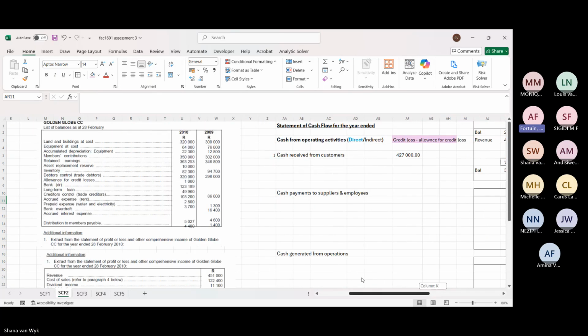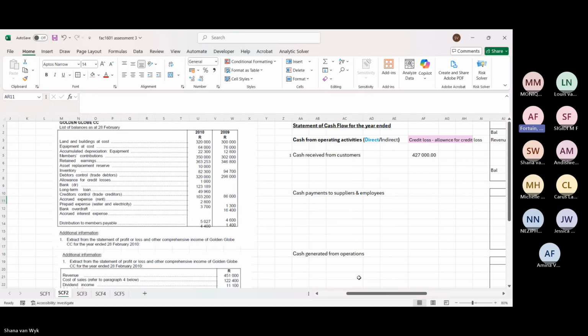Number 2, cash paid to clients. Then you know what you're looking for, right? So now we must do number 2. We must rather search for the information in the additional information, for the inventory opening balance and closing balance. Yes, let's do that.